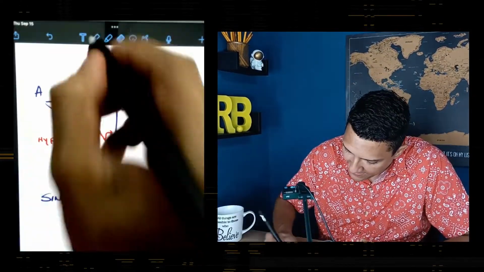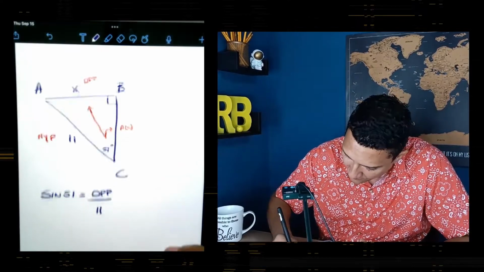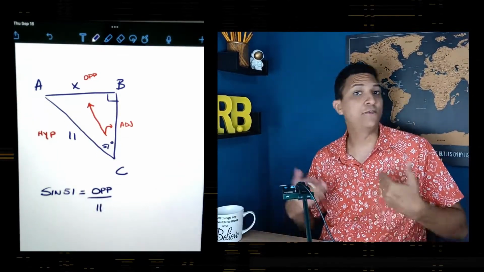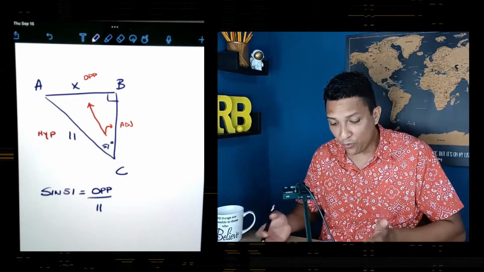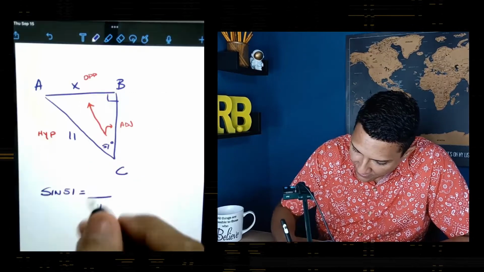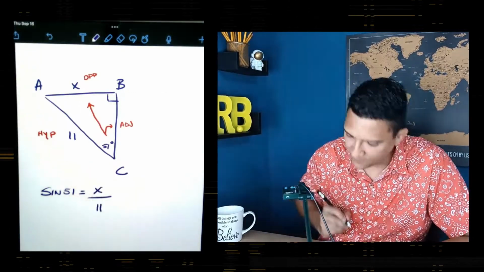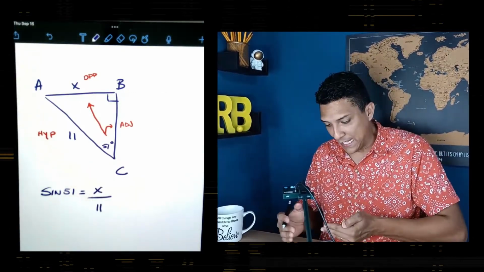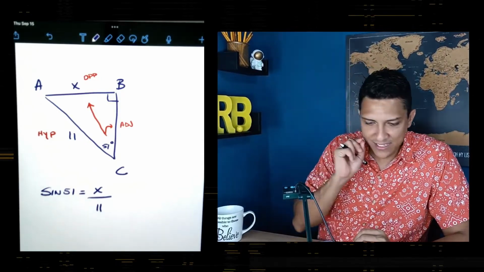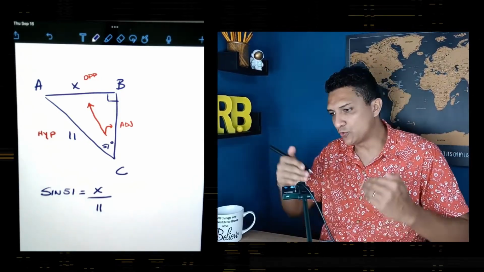I'm going to replace the hypotenuse by its value. Now I need to isolate the variable that I'm looking for. I'm looking for the opposite. By the way, I'm going to change the opposite by the letter that we are using here, which is x.